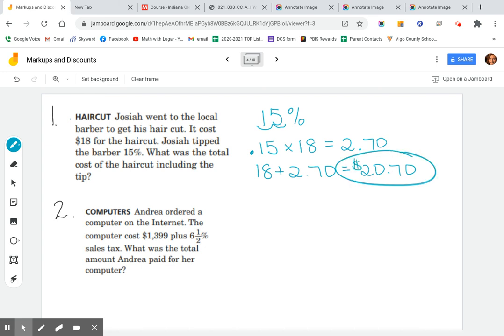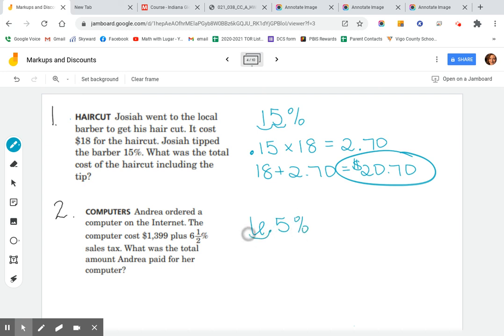Number 2, Andrea ordered a computer on the internet. The computer costs $1,399 plus 6.5% sales tax. What was the total amount Andrea paid for her computer? Well, I'm going to rewrite that 6.5%.